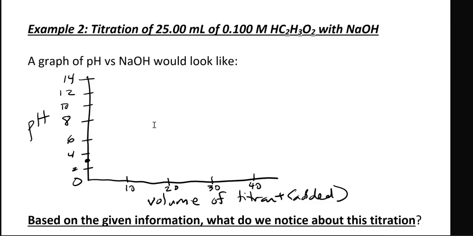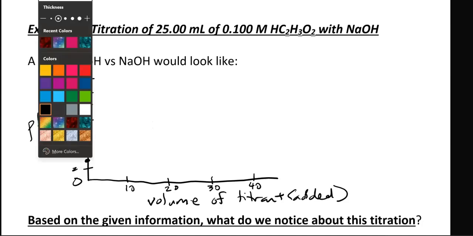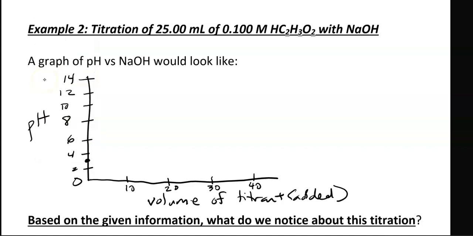So let's just estimate or predict what we think would happen along this titration curve. And I'm going to change color so you guys can see it a little better. So how about maybe a purple? Okay. So I'm going to say we know that a weak acid will start with that dramatic fishtail, but then immediately start to enter into what's called the buffer region, maybe in around pH 4-ish or so.